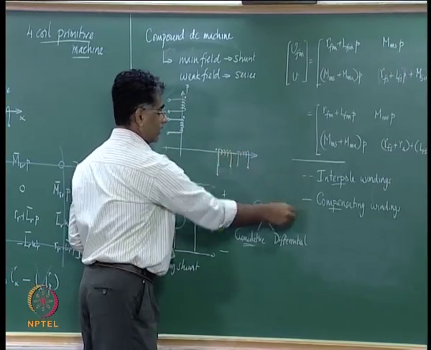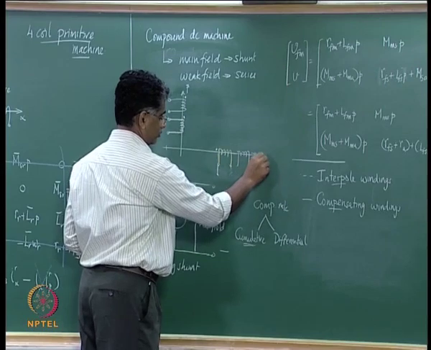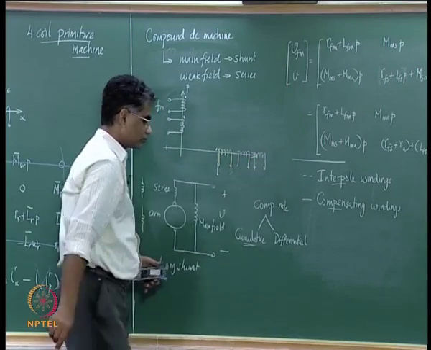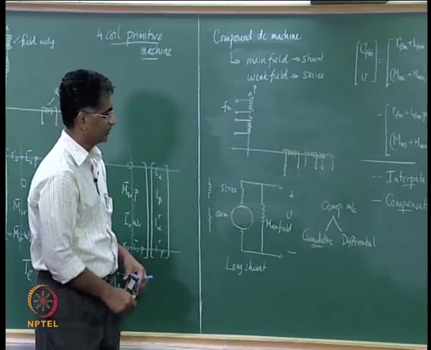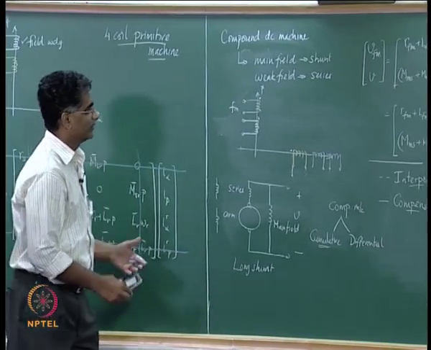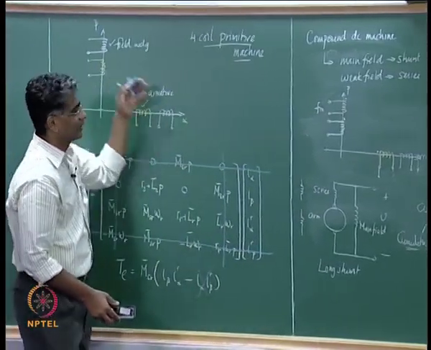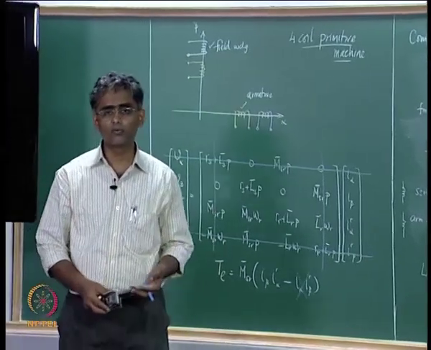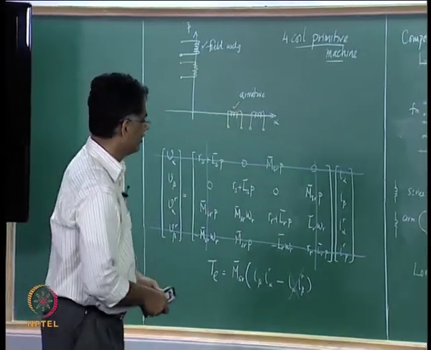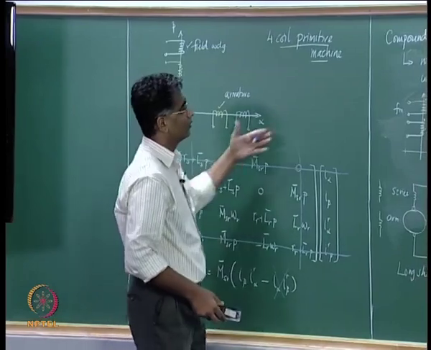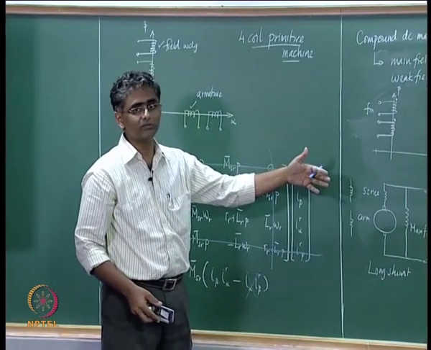If both are individually there, then you would need these two coils here in order to represent the machine. So, one can see that this description that we have derived, though we started out from the case of an induction machine, we can use this description to arrive at models for the DC machine as well.